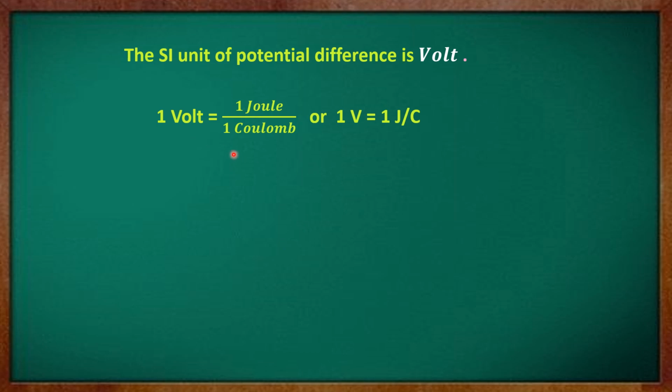That means the electric force has to do 1 joule of work in carrying 1 coulomb charge from point A to B. Then the potential difference between the 2 points A, B is 1 volt. So 1 volt equal to 1 joule per coulomb.